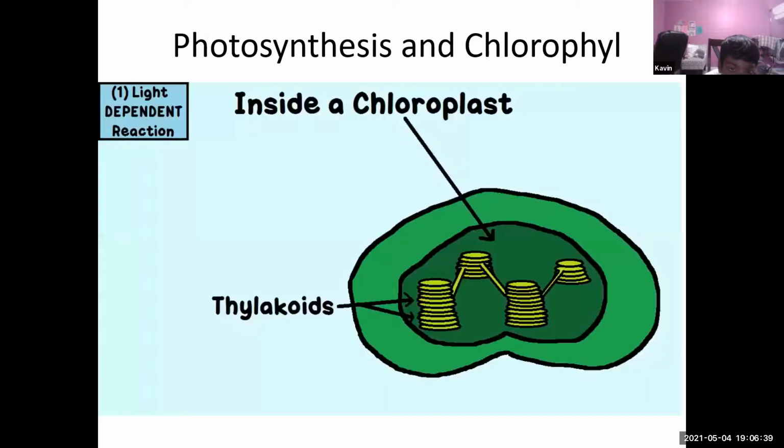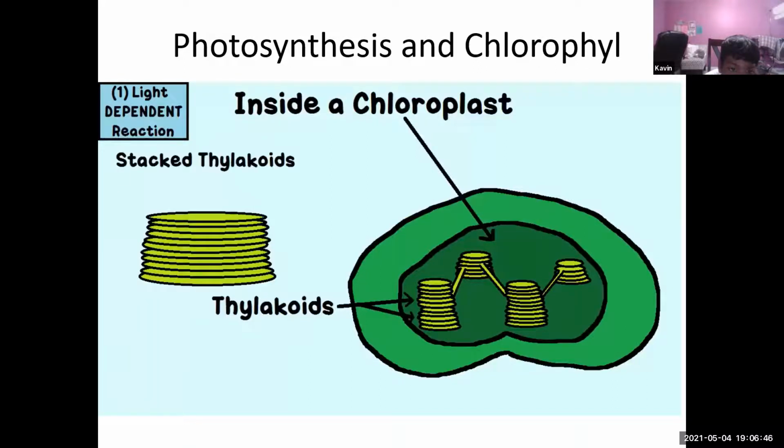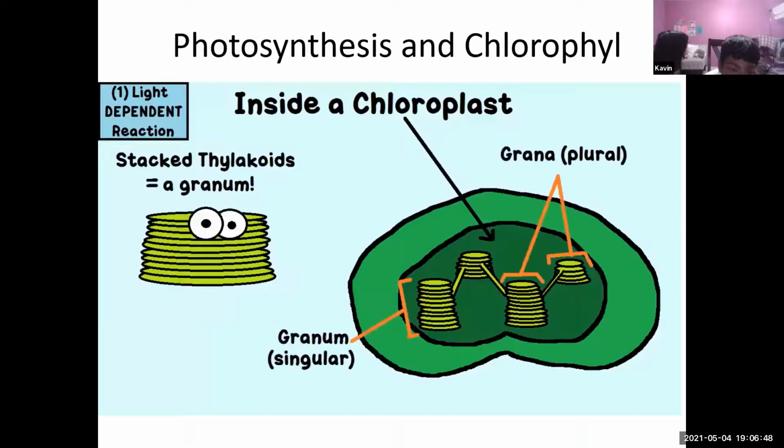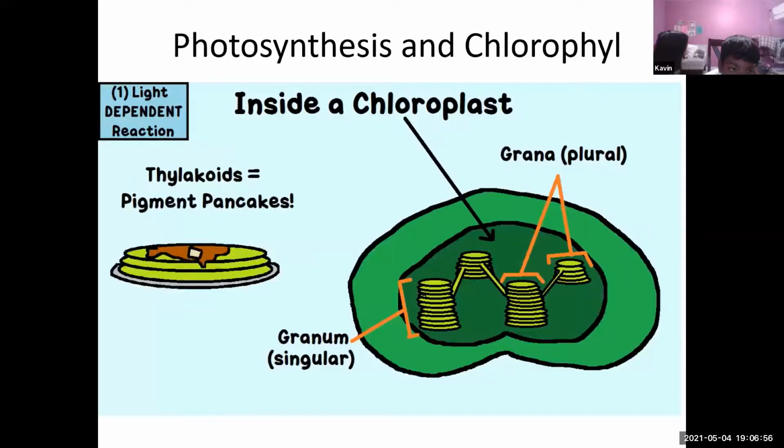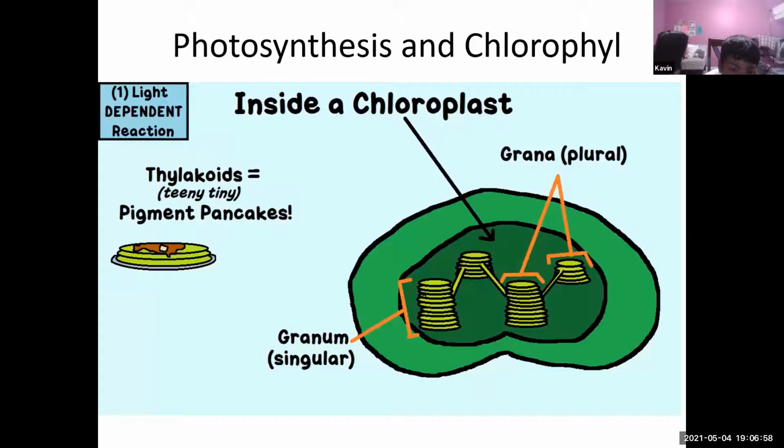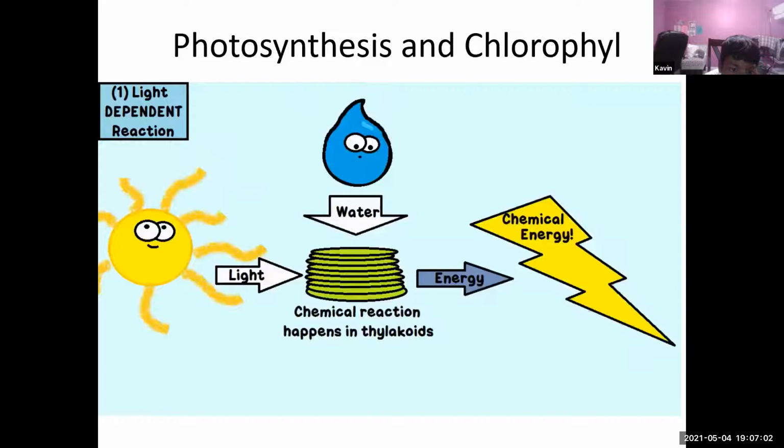Well, they are little compartments in the chloroplast, and they contain the pigment. They tend to be nicely stacked. As a collective stack, we call it a granum. The best way to describe a granum is that it looks like a stack of green pancakes. Very, very small green pancakes. In the light-dependent reaction, light is converted by means of a complex process that involves multiple photosystems into chemical energy.